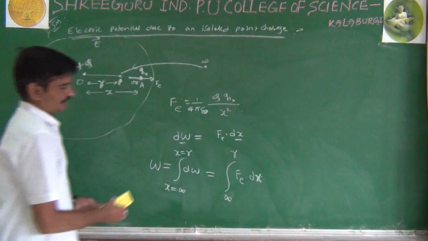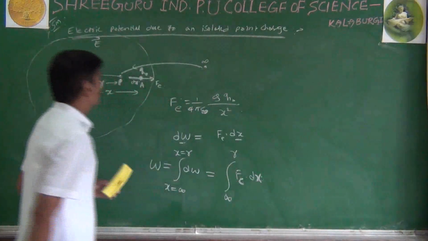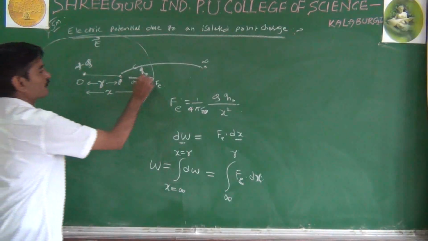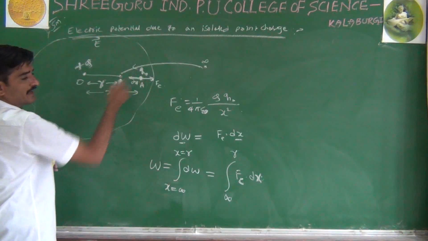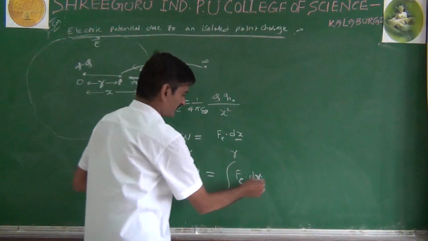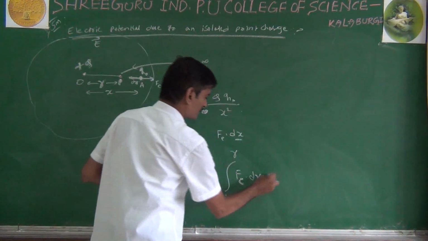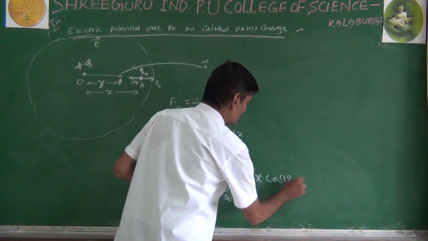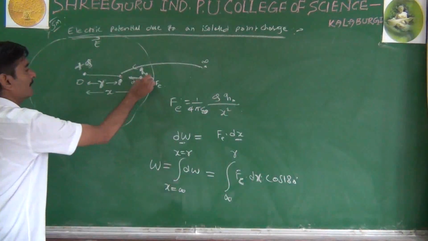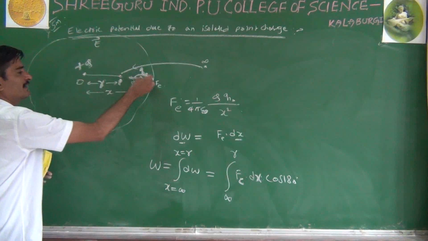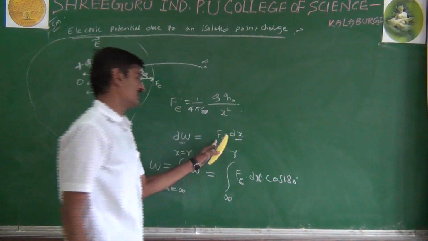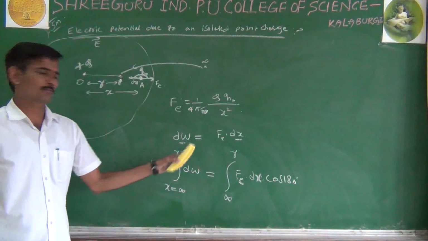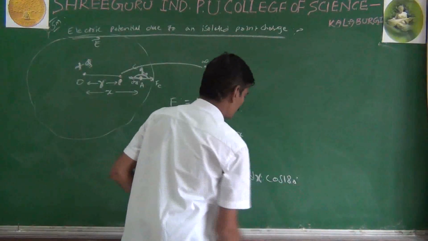Now the electrostatic force is in this direction and the displacement is here, so you can also write cos of 180 degrees. Why? Because the angle between the force and displacement is 180 degrees. So the work done by the external force is minus Fe dx.